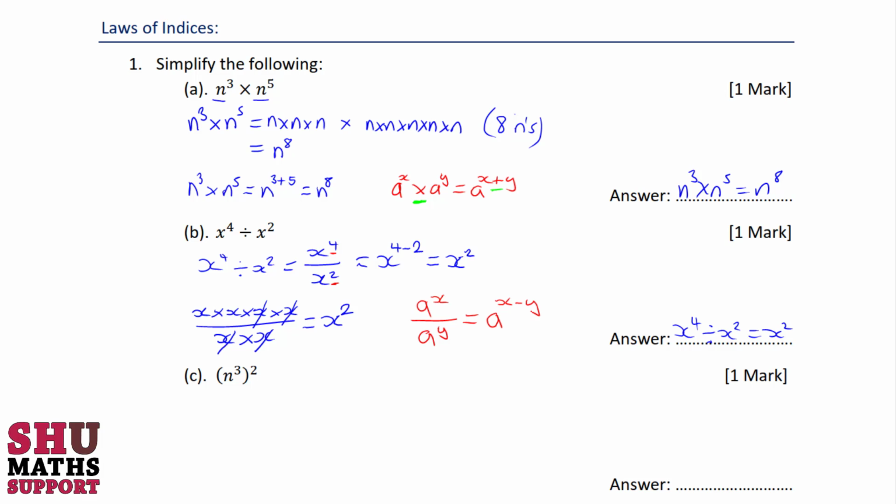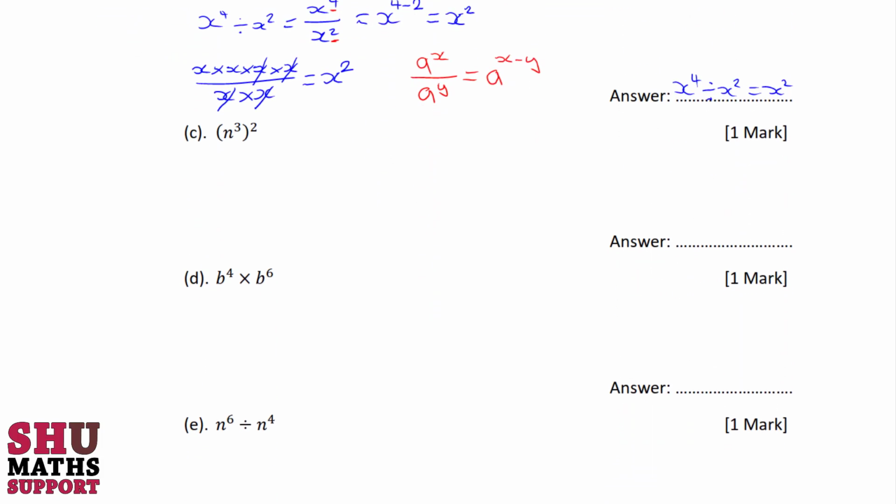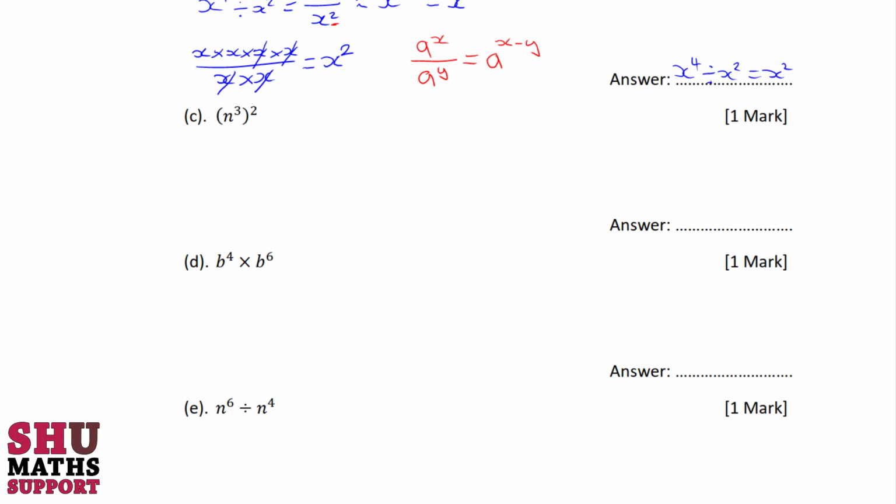Now let's move on to another example. Again, this one is also different. So we have n to the power of 3, and that whole thing is then squared. So we have n to the power of 3 times by n to the power of 3. So if we write n to the power of 3 all squared, that is equal to n to the power of 3, and then that's squared.